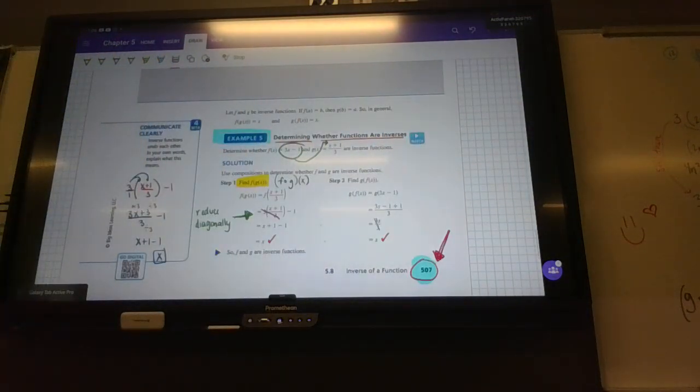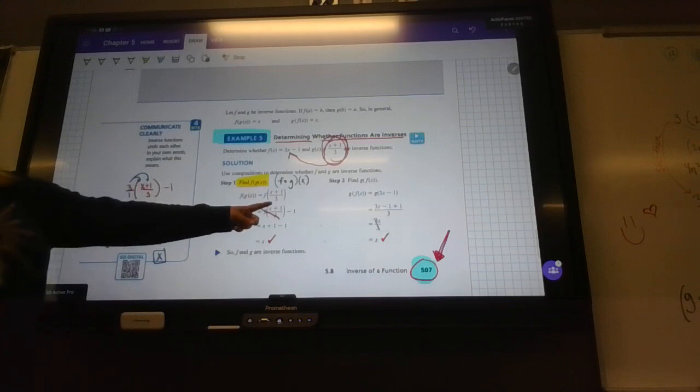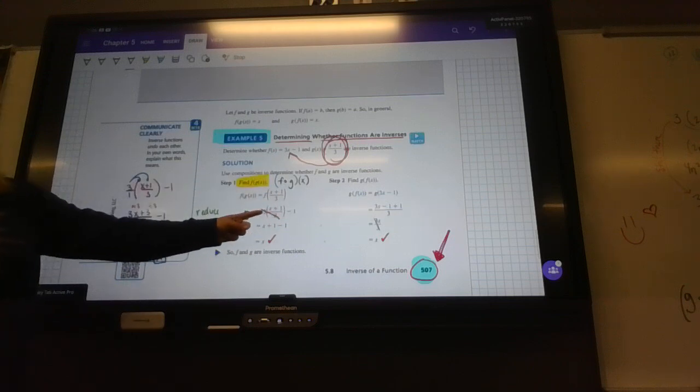There is one little move in here I want to highlight. For this first one, if you take this whole G function and you put it right there, there's a 3 in front, x plus 1 over 3, and then the minus 1 remains. You can reduce these diagonally.